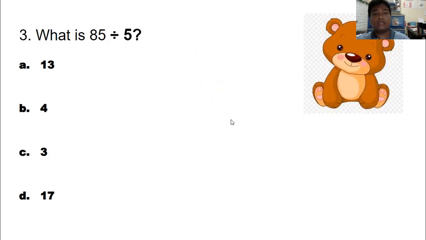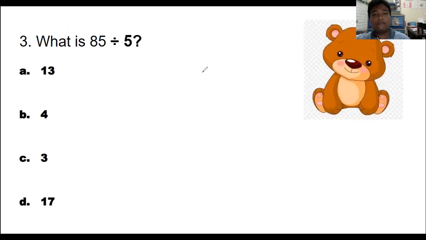Next, this one: 85 divided by 5. Let's answer this. First, we have to compare the digits of the dividend and the divisor.